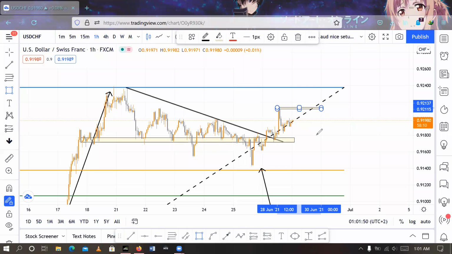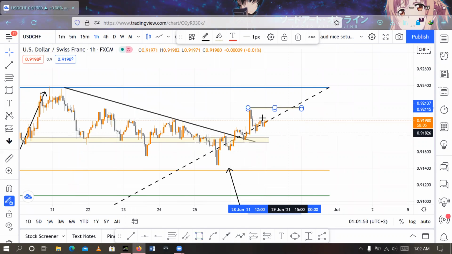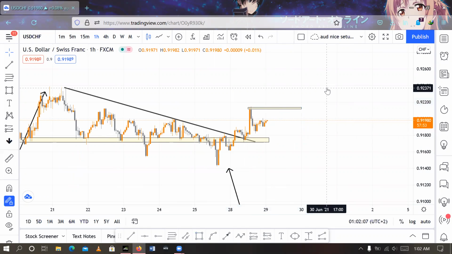Because for you to exit the market right now saying that, oh, the market is actually showing you pushes to the upside and to the downside, that would actually limit you in holding the trade to get more pips out of the market, right?